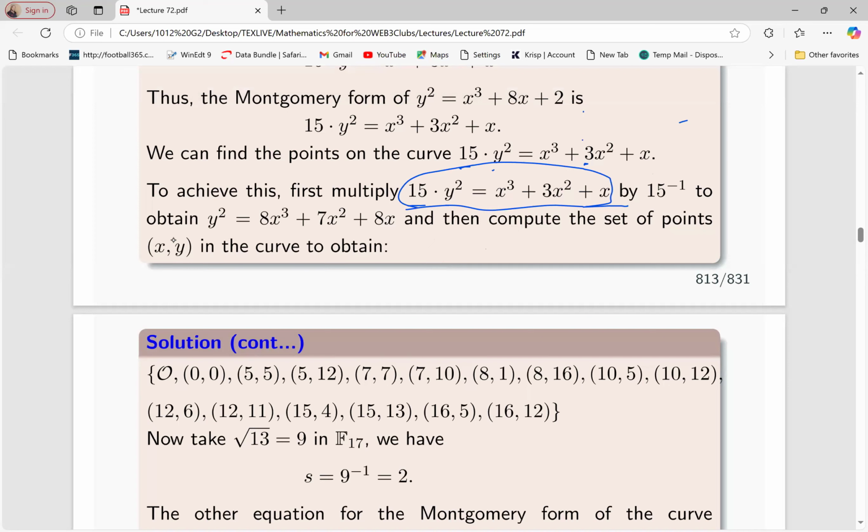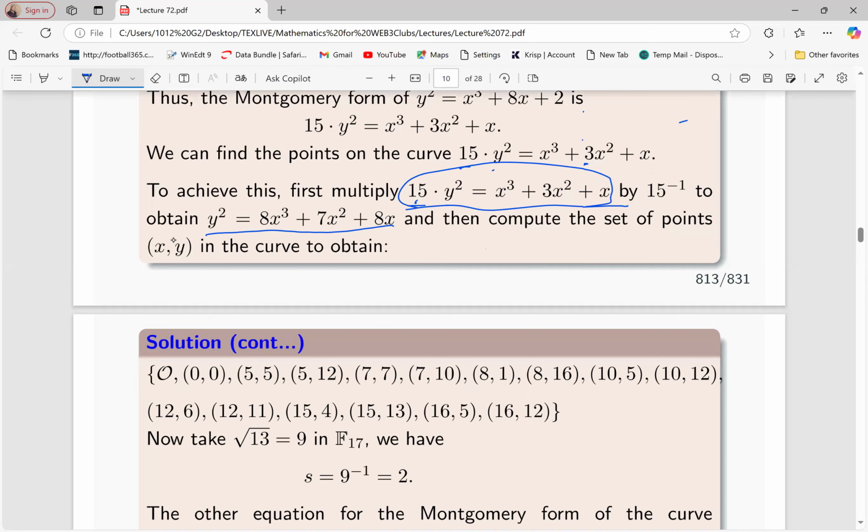When you multiply by the inverse of 15, you arrive at this. So how do you get the points? You must get y square, and then y.